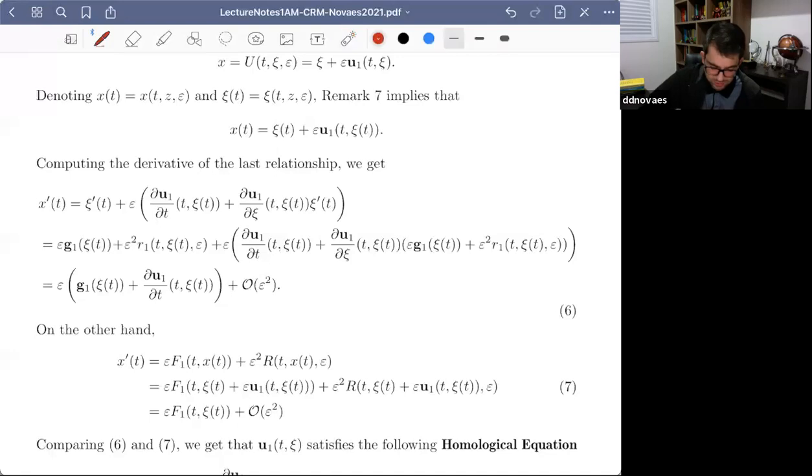Okay, so everything here is smooth, so we can, for instance, consider the Taylor expansion here and check that f1(c, t) plus order epsilon, that's what we have here, is equal to f1(t, c) plus order epsilon.